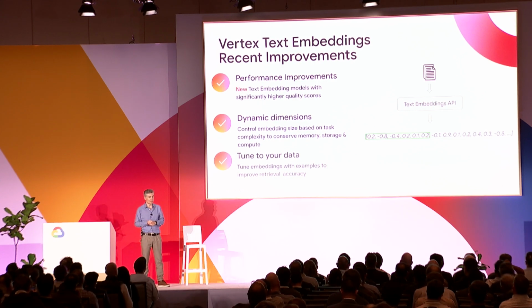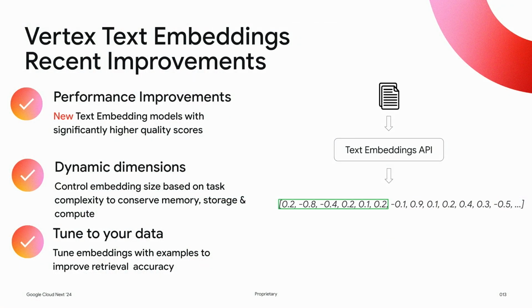And they have this nice property that you can dynamically alter the size of the embeddings. If you have the need for high precision, you can use the whole embedding. But sometimes, in simpler domains, you can trade off some of the accuracy and benefit significantly in terms of requirements for storage, for compute, and for memory.